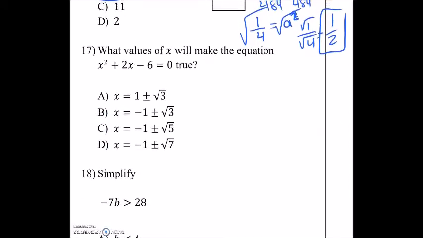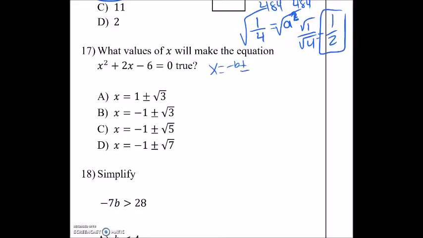Number 17 is something that we just finished covering, where we're going to have to use the quadratic formula. So hopefully by now, this quadratic formula is in your little heads a little bit more. So we need to understand that A is 1, B is 2, and C is -6.